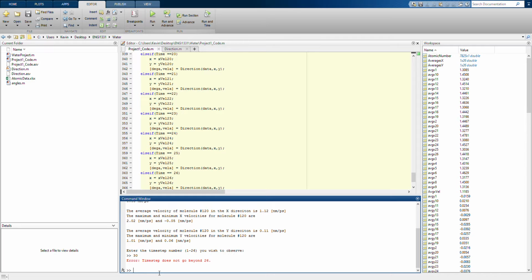But since it's basically like the rule of interchangeable parts, we could just replace a couple of numbers using the shift enter function, and then we could do it for molecule number 100 or 86 also. But not being able to see different molecules' correlations throughout the time steps is in itself a rather limiting factor.